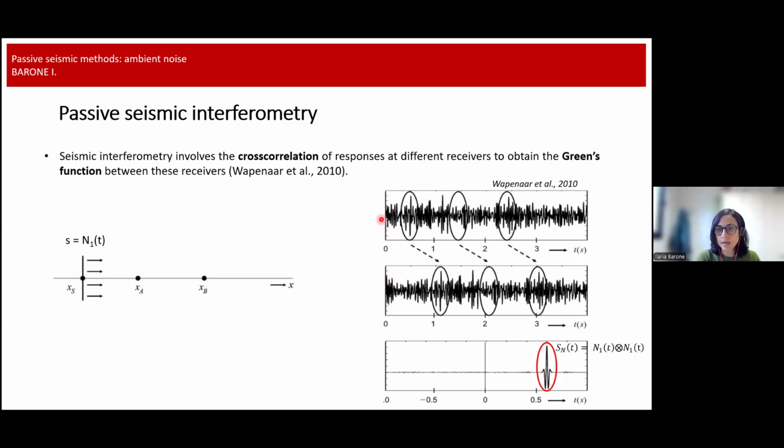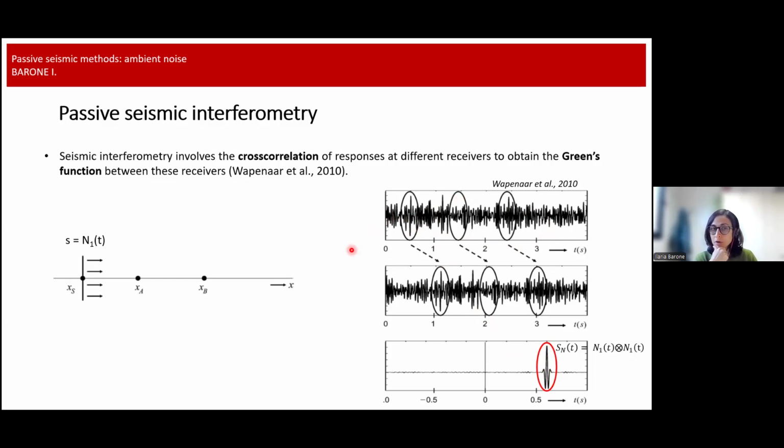If we cross-correlate the signal in XA with the signal in XB, this is what we obtain. Again, we obtain a pulse at a certain time, which is the propagation time from XA to XB. The shape of this pulse is not a Dirac anymore, but it's the result of the autocorrelation of this signal, so it's the correlation of the signal with itself.